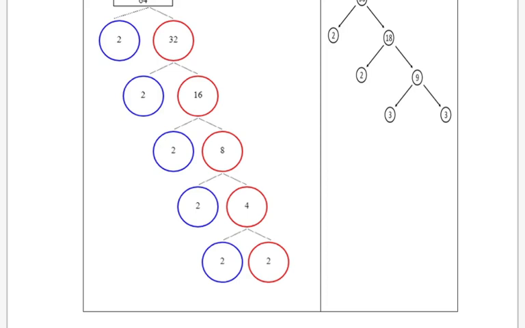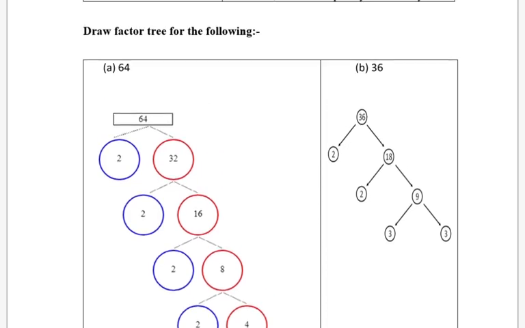Now the next example, we have to draw the factor tree for 36. Here will be 36.